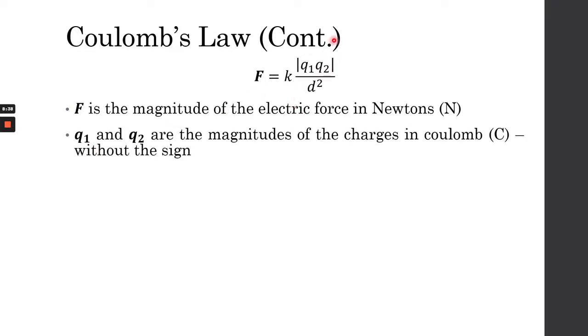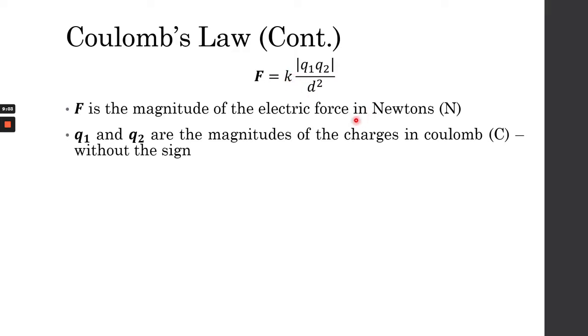Q1 and Q2 are basically the magnitude of the charges in coulombs. So the unit that we use to denote how much charge a particle or an object or sphere has is coulombs. We use C. As you can see here, we use Q, and there is an absolute value sign.